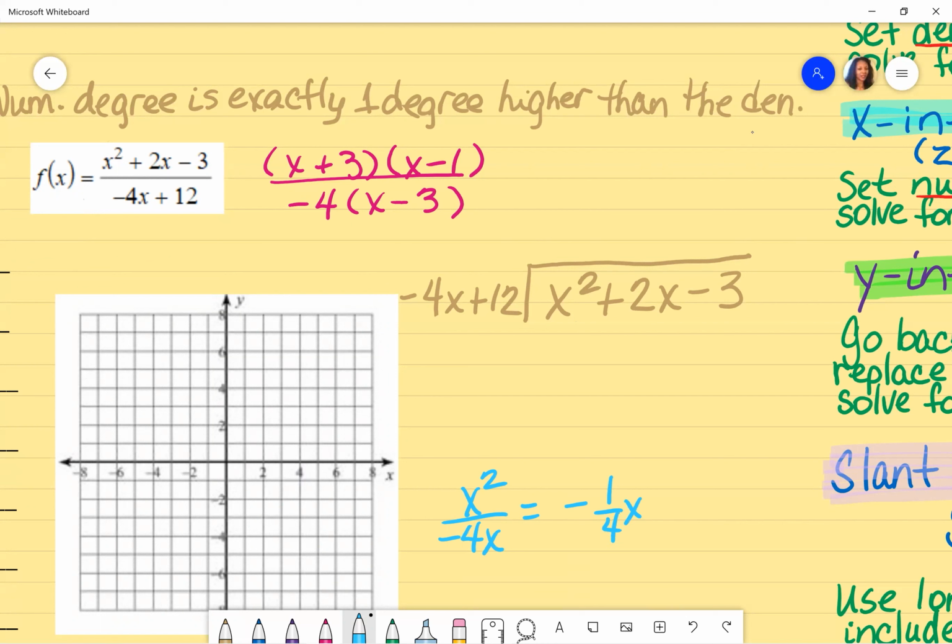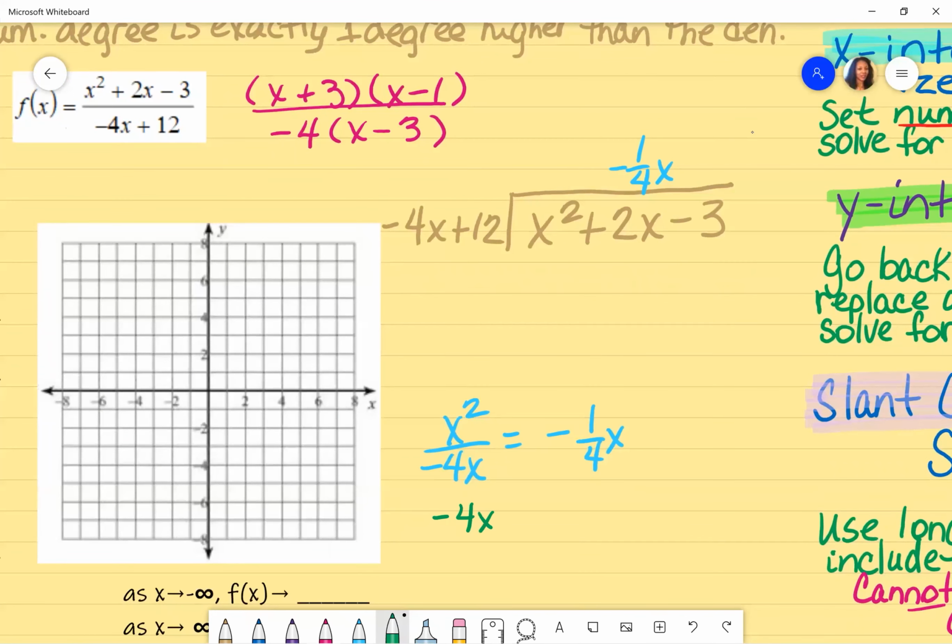So I'm going to take that and place it above my x. Then I take that -1/4x and multiply it times everything that's in my divisor. So -4x times -1/4x. Well, the -4's go away and I'm left with x times x, which is x squared. So that's what I'm going to put here, x squared.